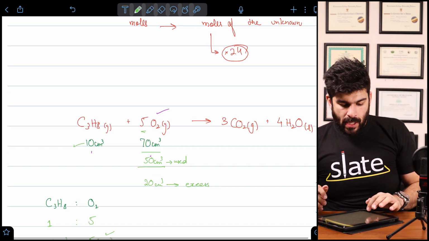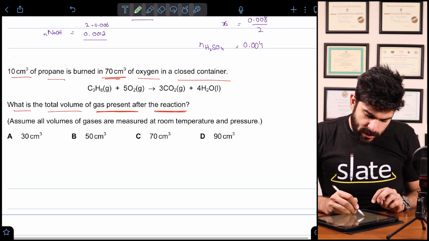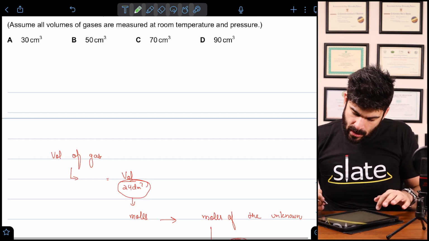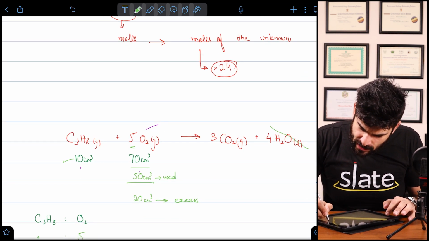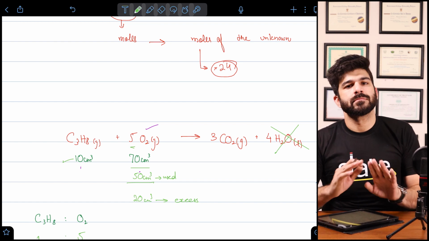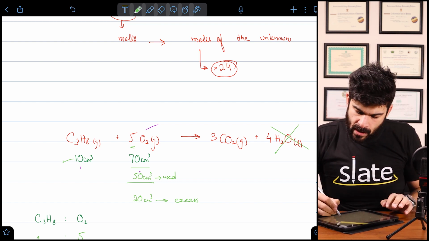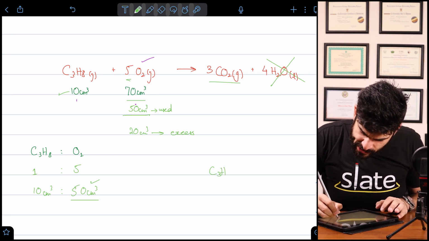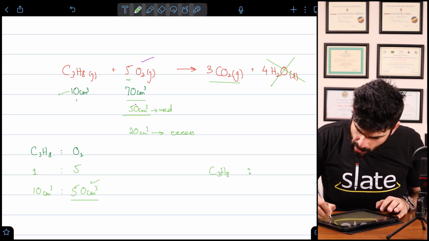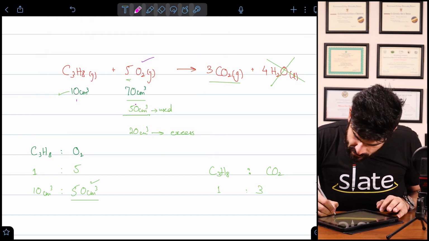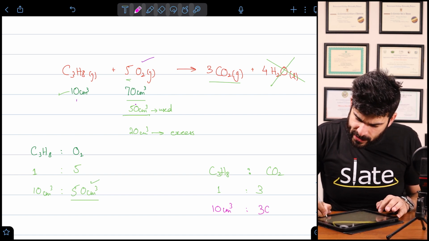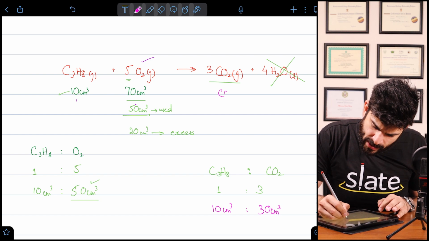Now, in the question, they have asked us about the total volume of gases present after the reaction. Since they're talking about gases, water is not a part of it. Let's exclude water here. So the ratio of C3H8 to carbon dioxide is 1:3. If we have 10 centimeter cube of propane, we'll have 30 centimeter cube of carbon dioxide.